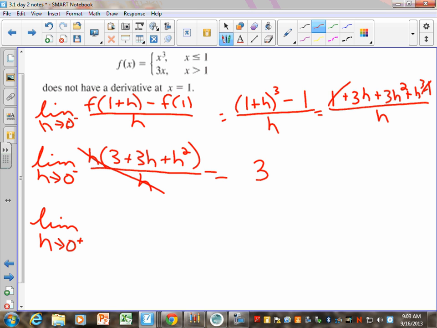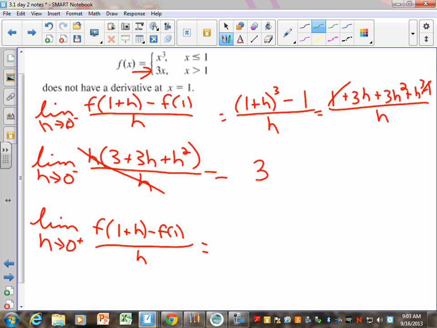So instead of using this x cubed, I'm now going to use the bottom function when I do my f of 1 plus h minus f of 1 over h. But you've got to be really careful on this, all right? The 1 plus h, you definitely have to do the bottom function because you're coming from over there.